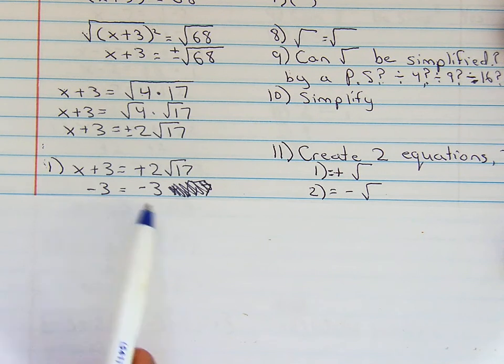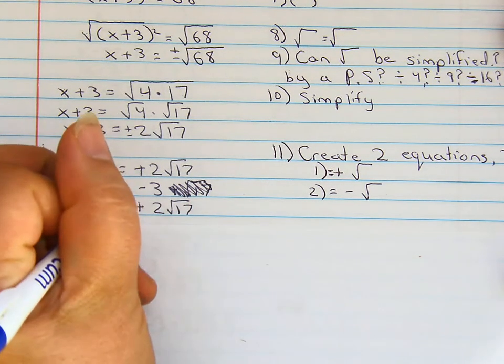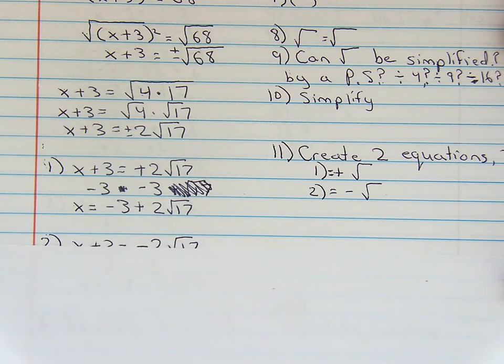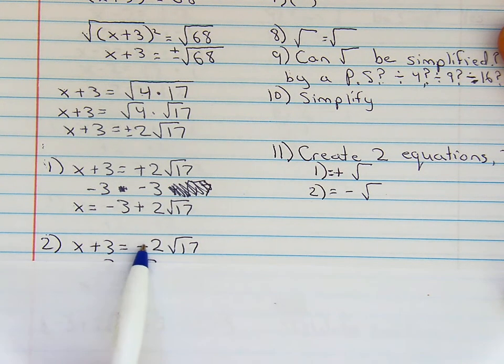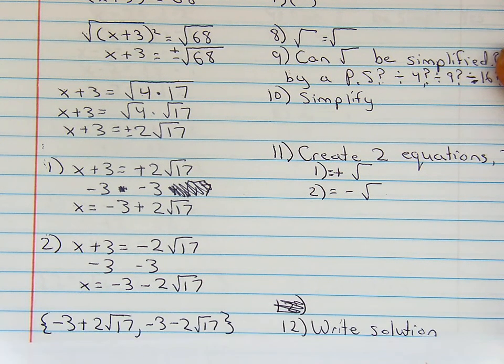I subtract 3 from both sides using the subtraction property of equality, and I get one answer. I create my subtraction version, subtract from both sides, and I get my second answer, and then I rewrite my solution.